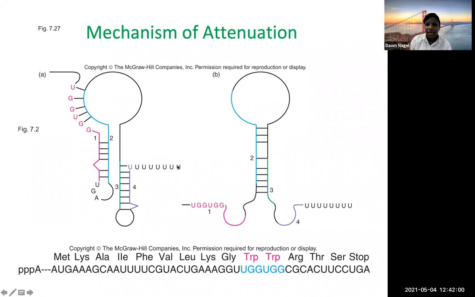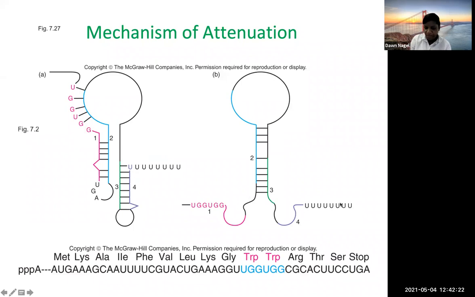This is the situation if you have high tryptophan, because you want to stop making it. In the case when you have low tryptophan, this is the structure that's a little bit more desirable, because you want to be able to continue making tryptophan, so you don't want this inverted repeat followed by a string of T's being formed.